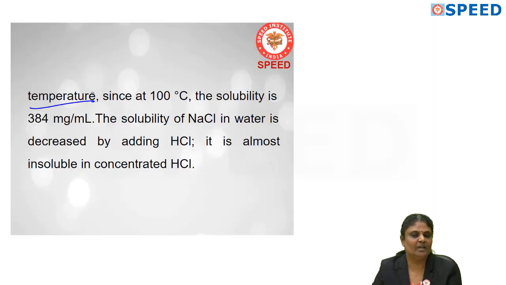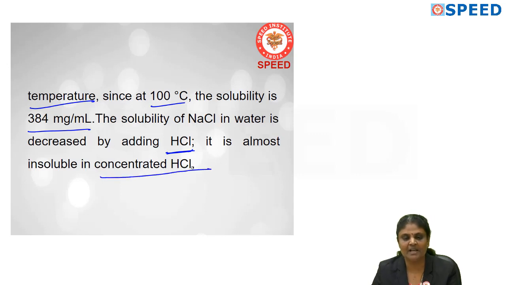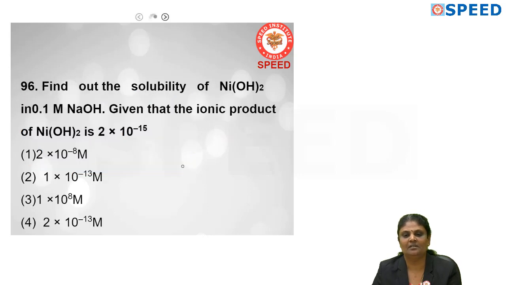So if you increase the temperature, the solubility doesn't change much, since at 100 degrees Celsius the solubility is 384 milligram per ml. So the solubility of NaCl in water is decreased by adding HCl. It's almost insoluble in concentrated HCl, so it will crystallize, or it will precipitate.